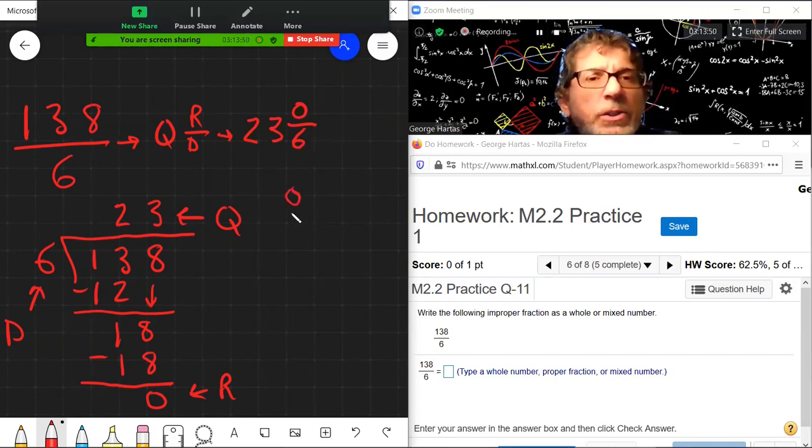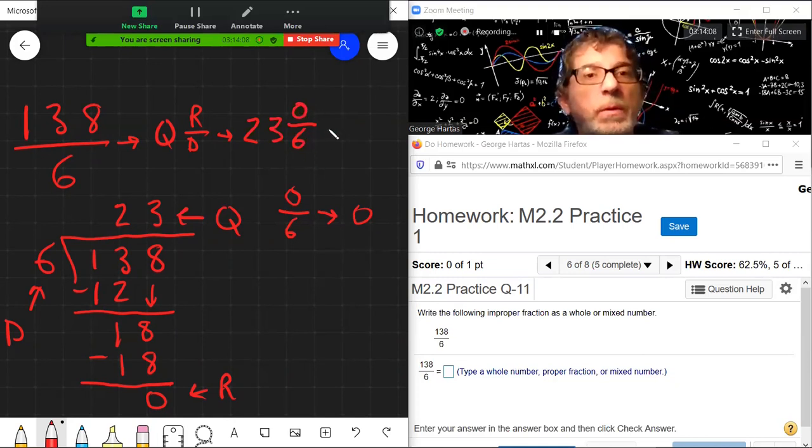what is the answer to a fraction when you have a 0 in the numerator? 0, you said, correct. That's another reason why we don't need the fraction part. There is no part to the whole, right?